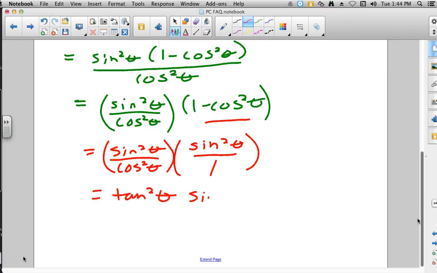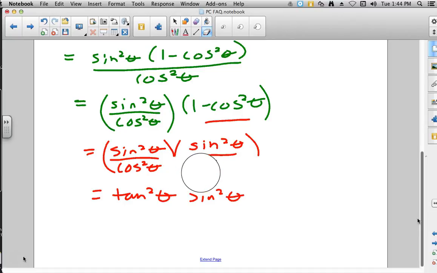And this is sine squared theta. And we have it. In fact, you really wouldn't even need a fraction here, but it does make it easier for some people to follow, because when you have fractions, it really is easy to work with all fractions as you go through it. But there we have it, tangent squared theta times sine squared theta.